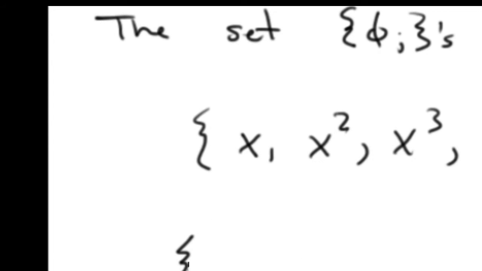In 2D, in x and y, if I have x, y, xy, x squared y, x y squared, x squared y squared, this is complete.